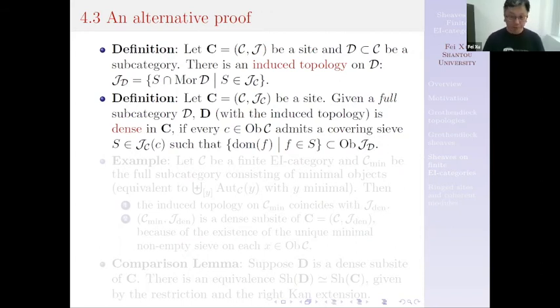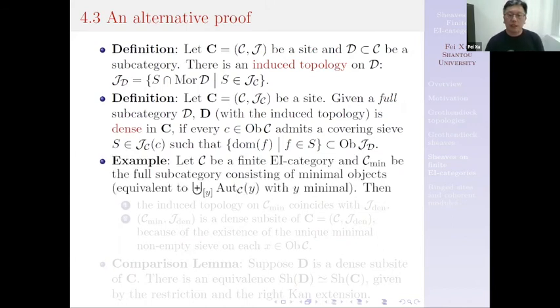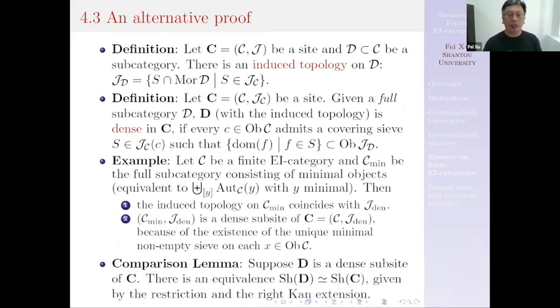This is a classical result in topos theory that says that if D is a dense subsite of C, then you have an equivalence. So it's a kind of reduction, and the equivalence is given by the restriction and the right Kan extension.